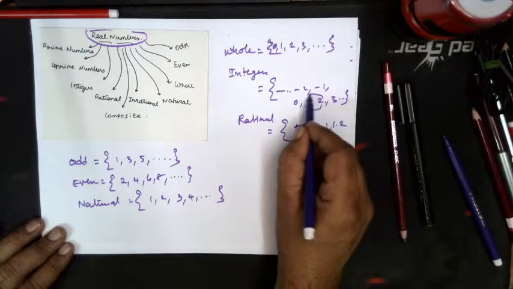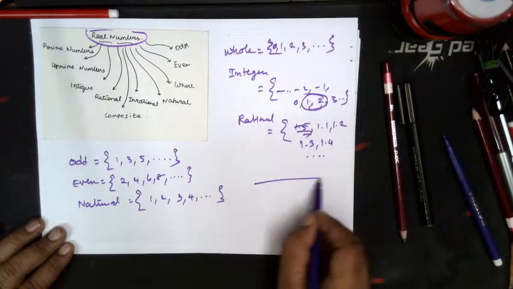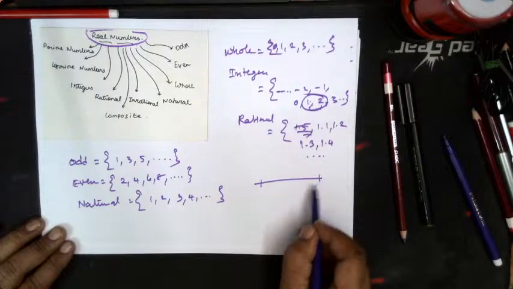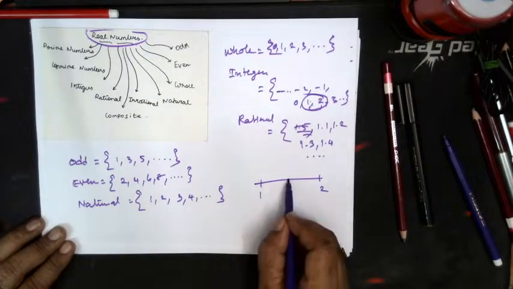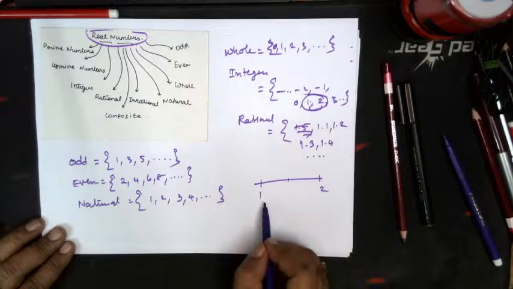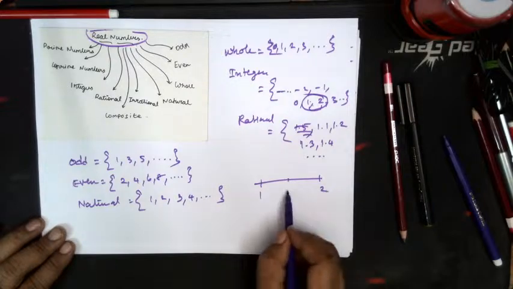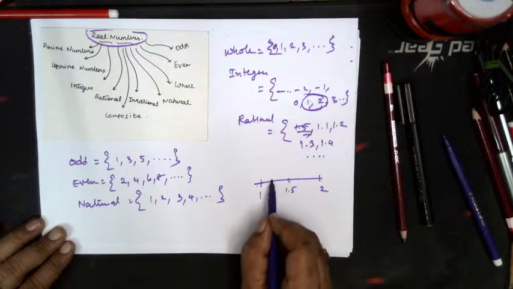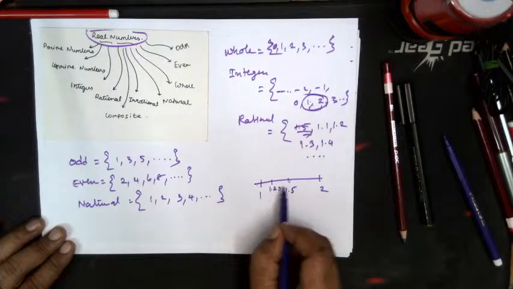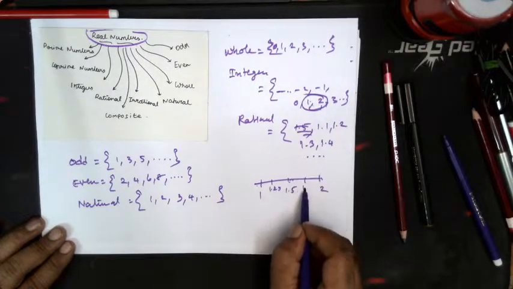Let me consider only these two. We will draw a number line, 1, 2. You can write a fraction in between this. What is that? That is 1.5. And in between these two, 1.25. In between these two, 1.75.